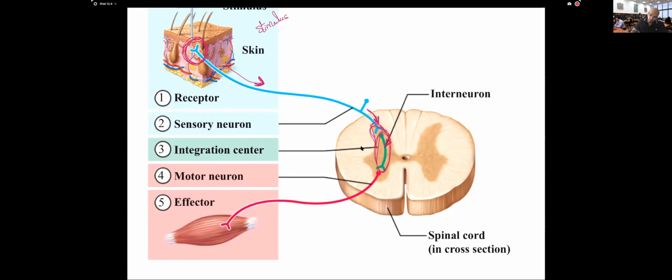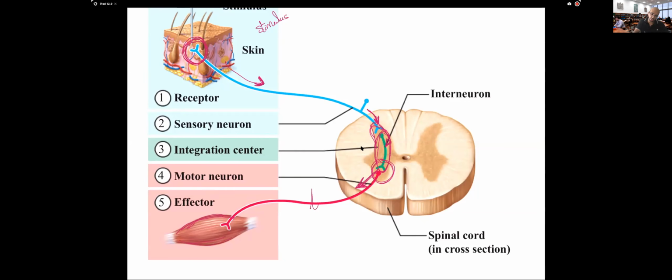And as a result, you're going to be causing the excitation of a motor nerve cell that is located in the ventral horn of the gray matter of the spinal cord. And this motor neuron is going to be sending out an action potential, an electrical impulse, for your effector organ. In this case, it is going to be the muscle to contract.